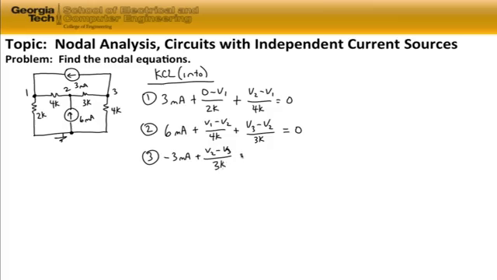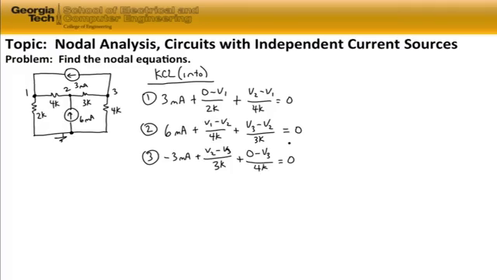And we have the current flowing up through the 4 kilo ohm resistor on the right-hand side of the circuit. And that is 0 minus V3 divided by 4K, and the sum is equal to 0. So that gives us a third equation, which is independent of the top two. So we have three equations, three unknowns.